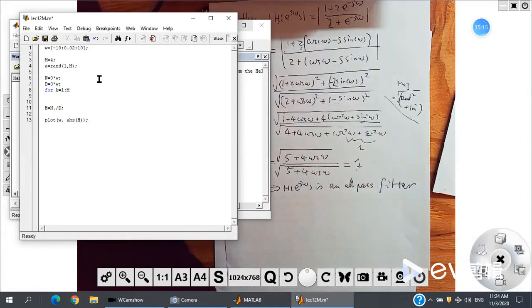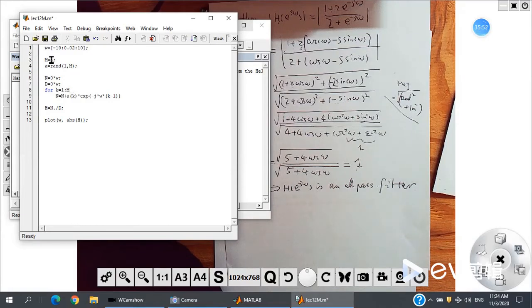Now for every k, n should be n plus a of that k times the exponential power of negative j times omega times k, but now it's k minus 1. You got it? K runs from 1 to m, but actually I want k to run from 0 to m minus 1.